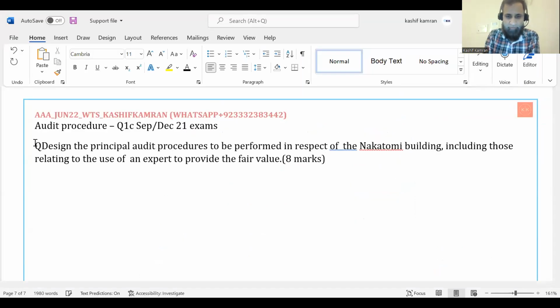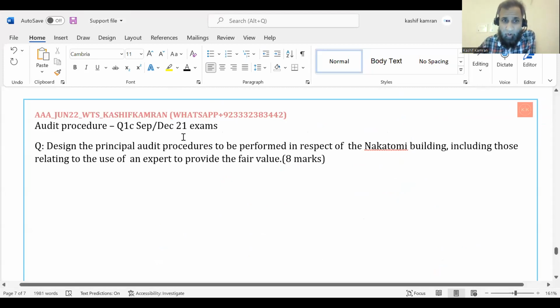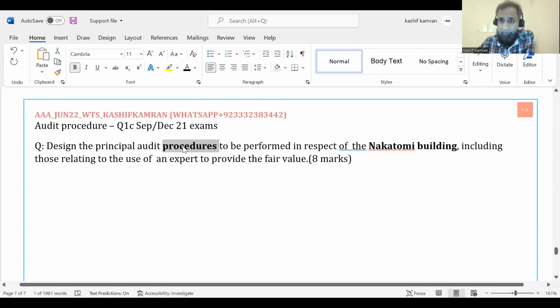This is the question. Design the principal audit procedures to be performed in respect of the Nakatomi building. So we have to perform procedures on the Nakatomi building, including those relating to the use of an expert.